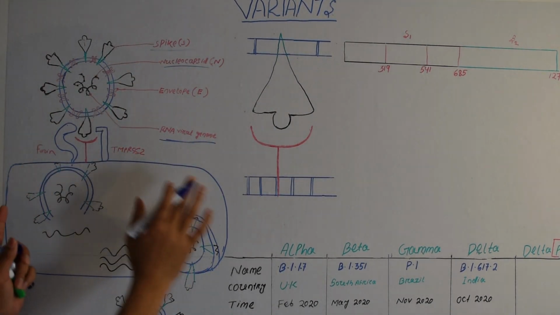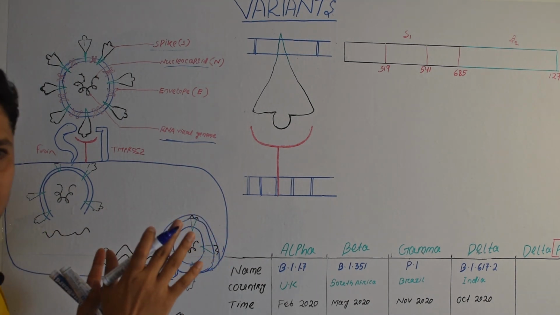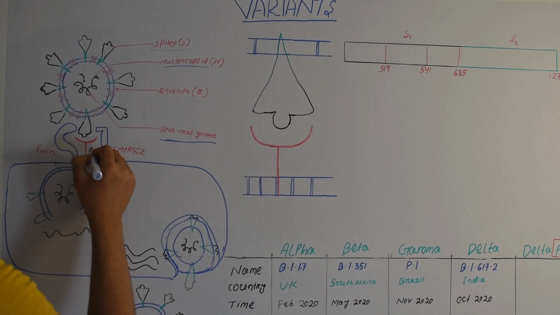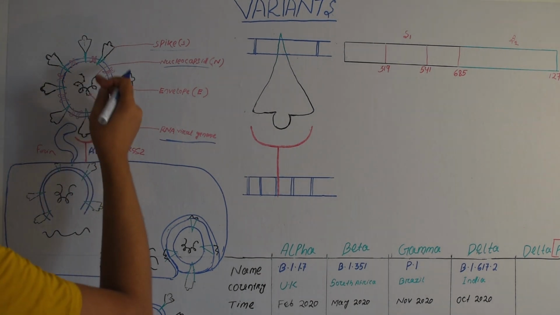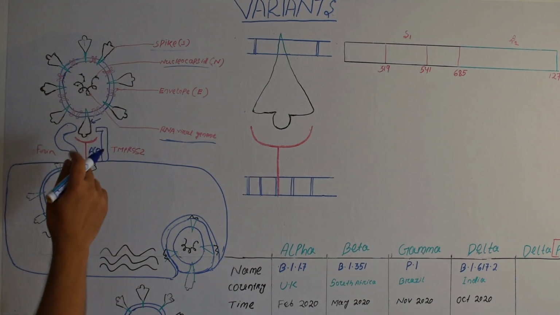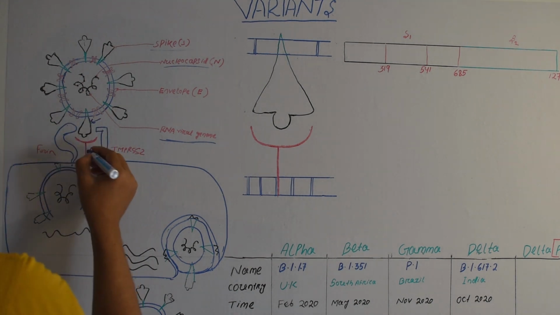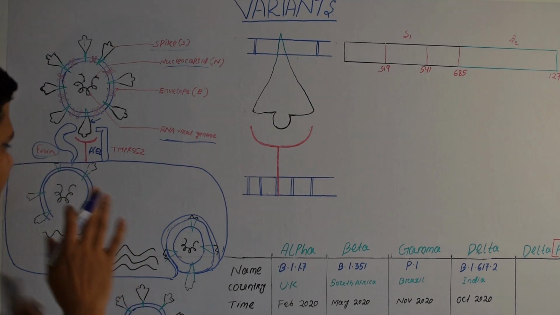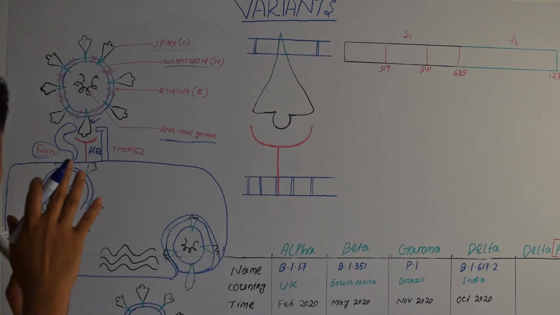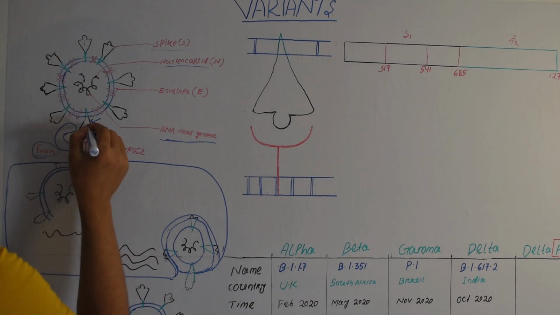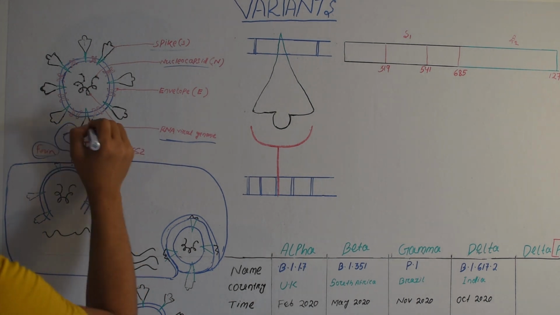Suppose this is a cell of our lungs, and this is the ACE2 receptor. The spike protein of coronavirus binds to the ACE2 receptor, and then the furin enzyme of our body cleaves the spike protein.